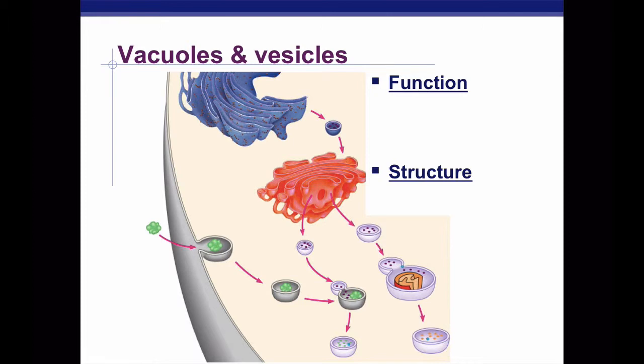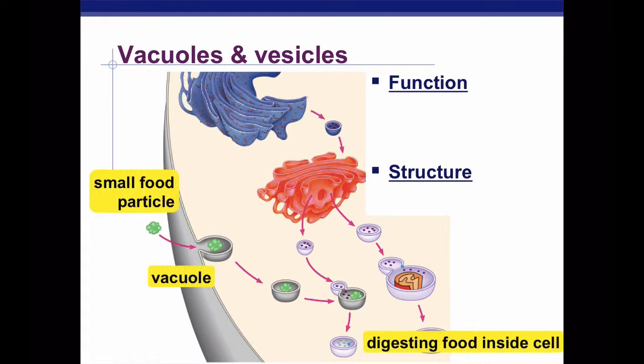So vacuoles and vesicles. The function of a vacuole and vesicle is moving materials around the cell and storage. What I've shown here is a diagram of a small food particle being engulfed by the cell. It's engulfed by a process called endocytosis. I'm going to write that word for you right now.